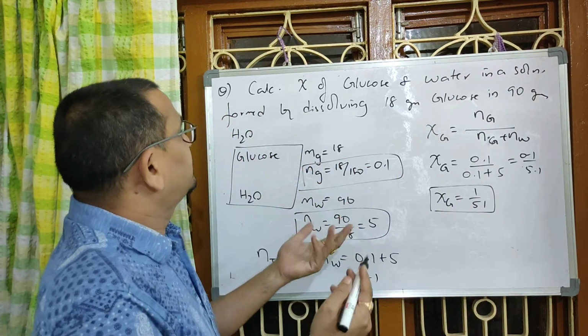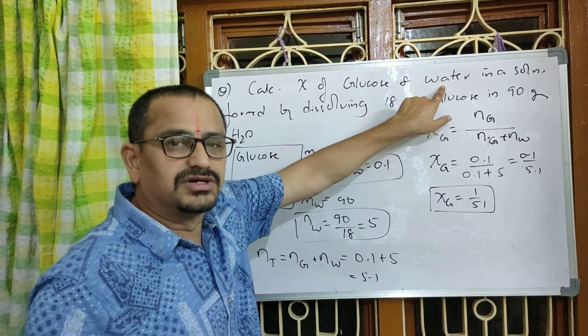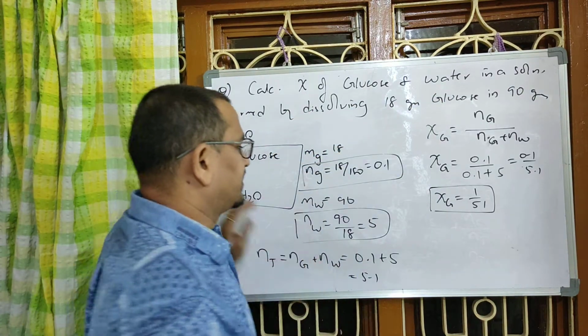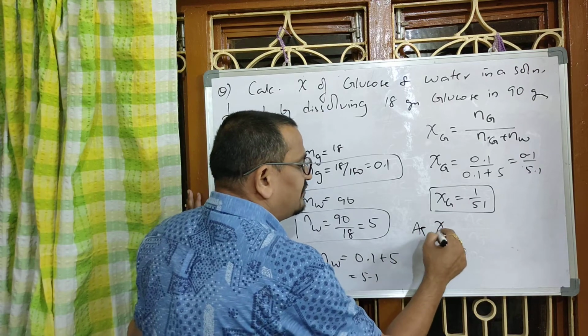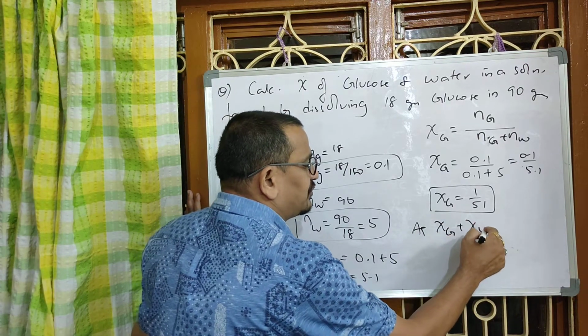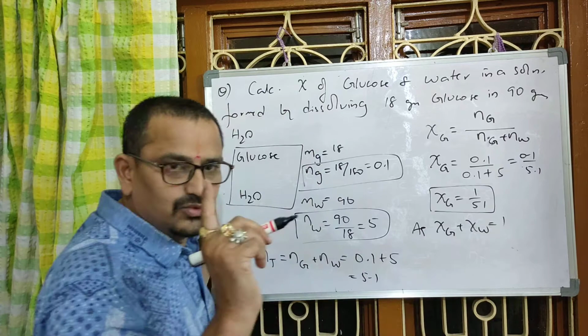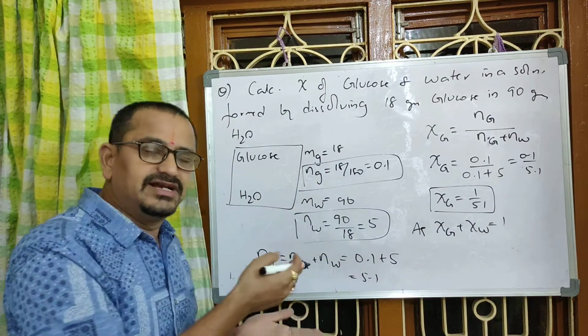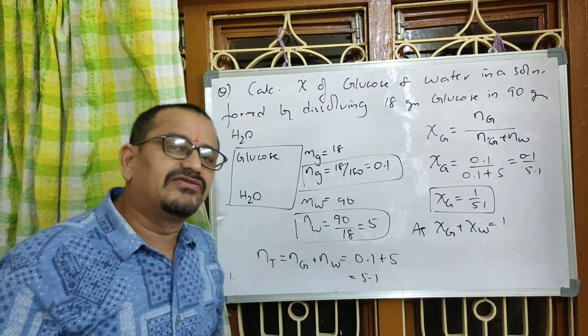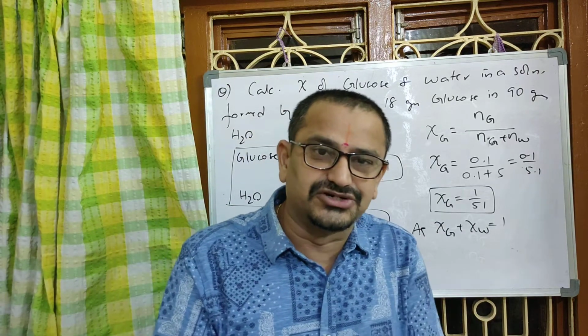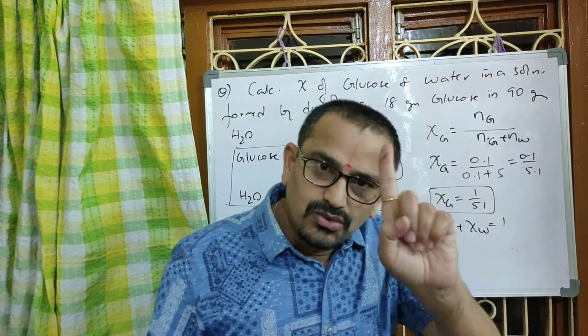What's our next part? To find the mole fraction of water. We know a relation, right? The mole fraction of glucose plus that of water is always equal to 1. In the previous slide we did: the sum of the mole fractions of all components of a mixture is always equal to 1.